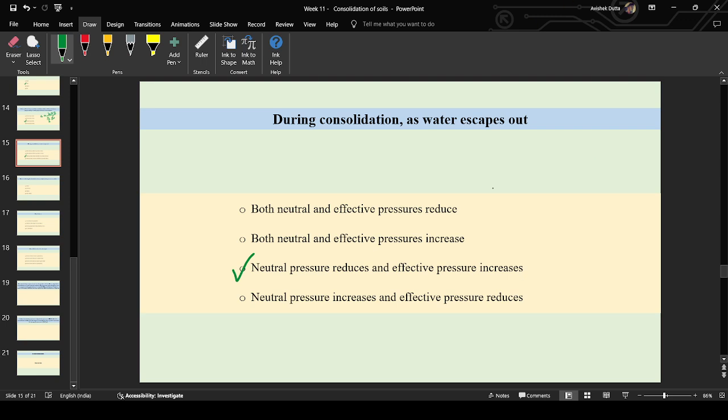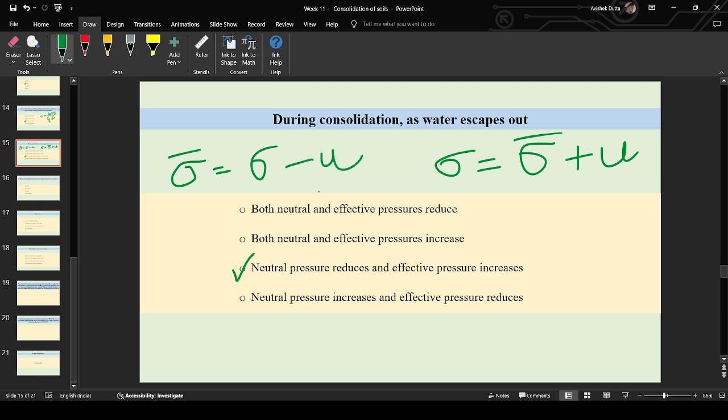So total stress equals effective stress plus pore pressure, and effective stress equals total stress minus pore pressure. This pore pressure is not the hydrodynamic pressure; it is the static pore pressure into consideration. So using the hydrodynamic lag in the consolidation process, I cannot explain the effective and total stress in that manner. Can I?